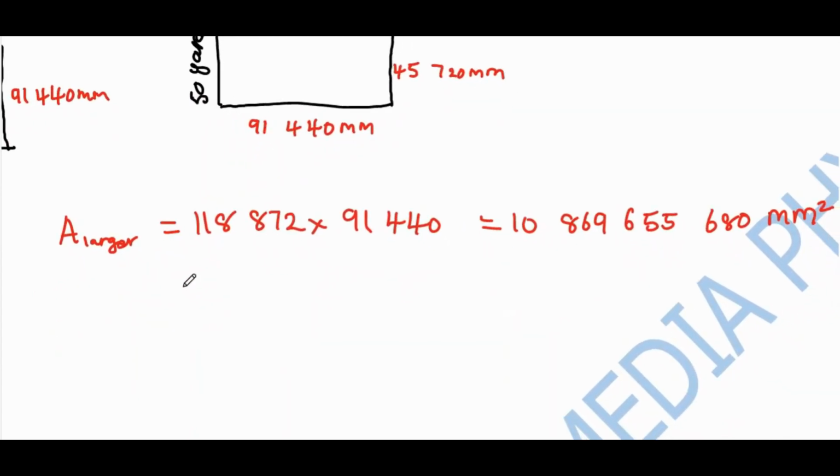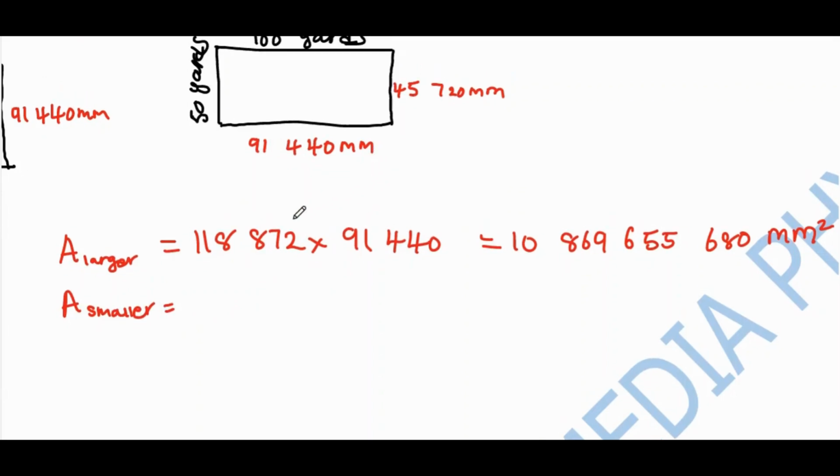And then now the area of the smaller pitch, it's still the product of length and width, which is 91,440 millimeters multiplied by 45,720 millimeters.